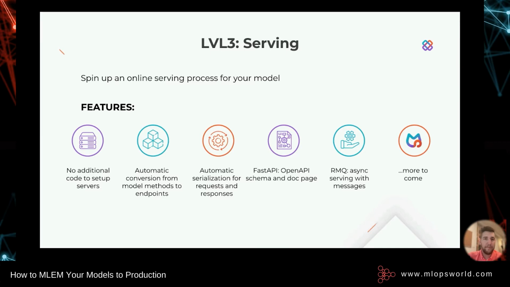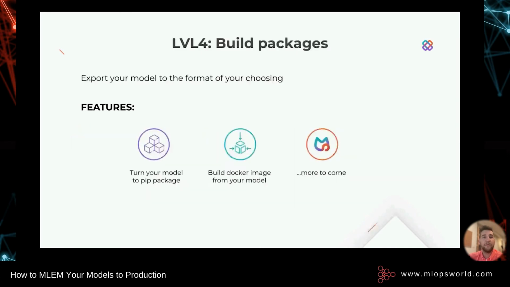So yeah, next level is build model packages, or you can say that you just export your model to some different format of your choosing. For now, we have exporting to pip package. You can create a directory with all the Python package stuff like setup.py, some metadata, and the actual code.